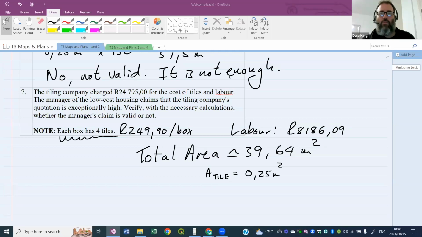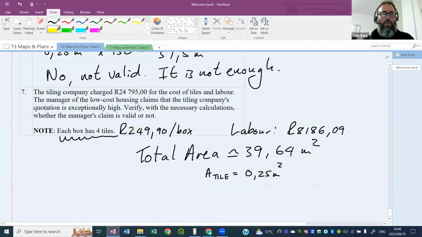So we've got people saying, what are we doing? So we're working out the total cost to tile this kitchen and bathroom. We've got the total area of the kitchen and the bathroom here, 39.64 square meters. We know that 1 tile is 0.25 square meters, and all this information was answered before in other questions.